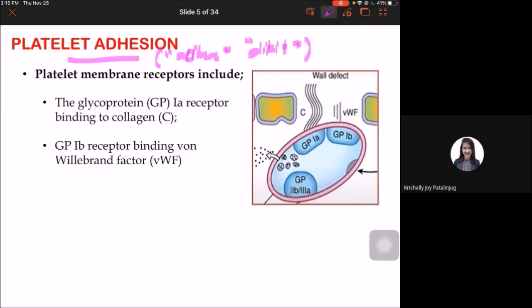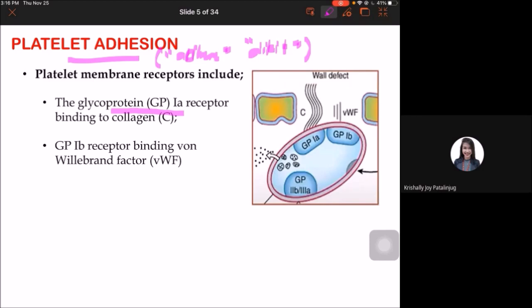Okay? Now, para mangyari yung platelet adhesion, there are certain receptors that we have to identify. I repeat ha, para magkaroon ng platelet adhesion, for it to occur, you have to know certain receptors involved. First, we have glycoprotein 1A. Okay, glycoprotein 1A receptor.